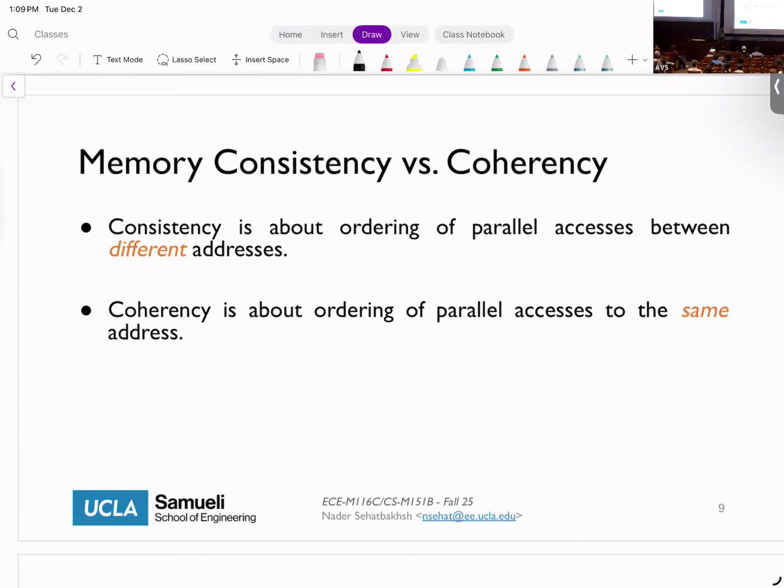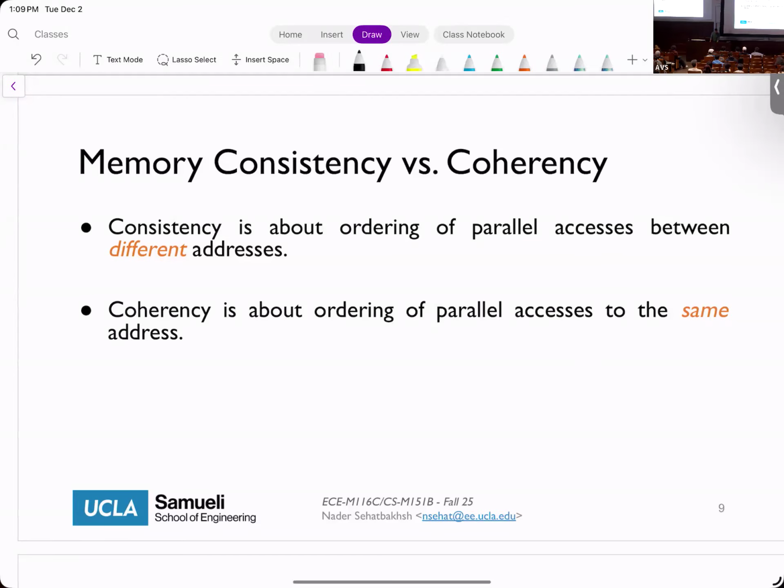And again, one thing that I usually see is that people always confuse the difference between coherency and consistency, and they say, oh, why can't the snooping strategy fix this problem? The snooping strategy only works for the same address. We snoop the same address. So when we are broadcasting, everybody else looks to see if they have the same address that's being broadcasted. The consistency problem is about different addresses.